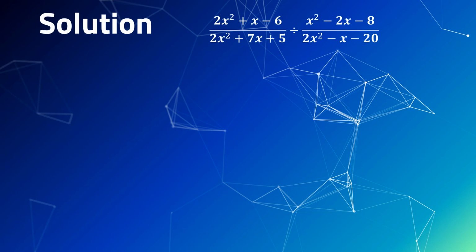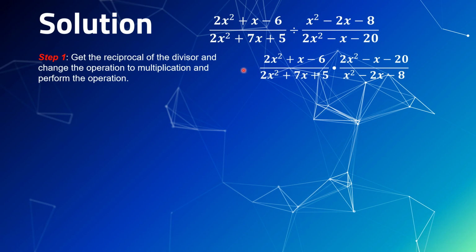So we have here the given, that is 2x squared plus x minus 6 all over 2x squared plus 7x plus 5 divided by x squared minus 2x minus 8 all over 2x squared minus 8x minus 20. Again, the first step, we're just going to get the reciprocal of the divisor. So this one is the divisor. The reciprocal of that is 2x squared minus 8x minus 20 all over x squared minus 2x minus 8. Then proceed to multiplication.